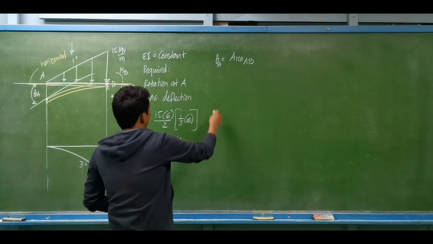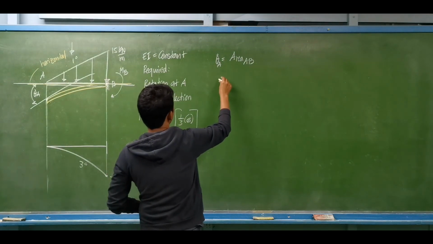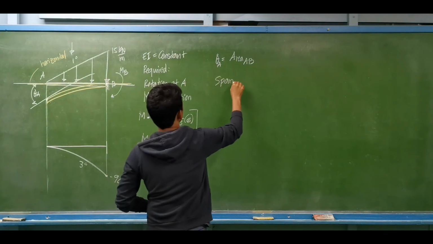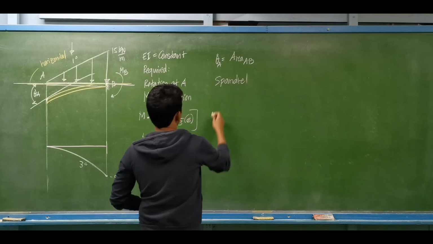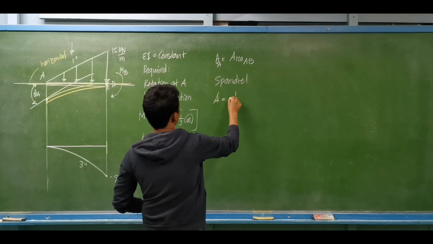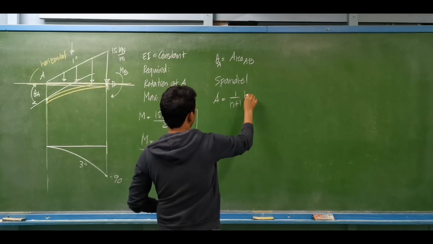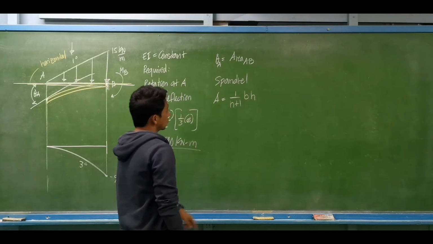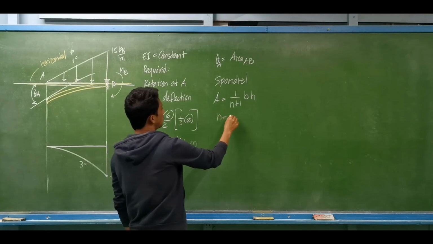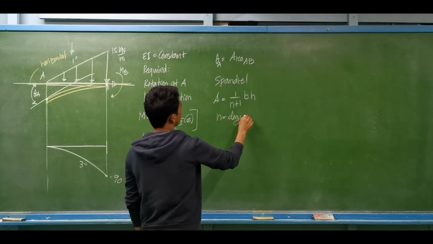Let us compute. For a spandrel, how do we compute the area? The area of a spandrel is equal to 1 over n plus 1, base times the height, where n is the degree of the curve.